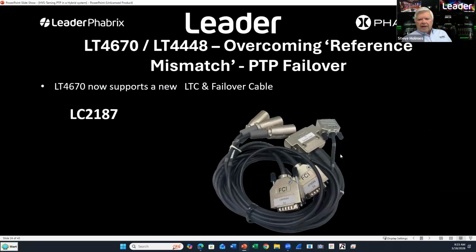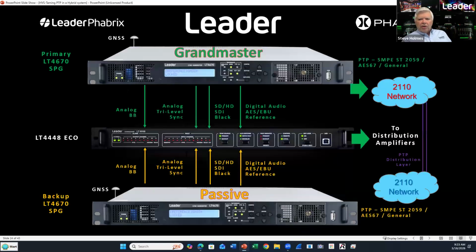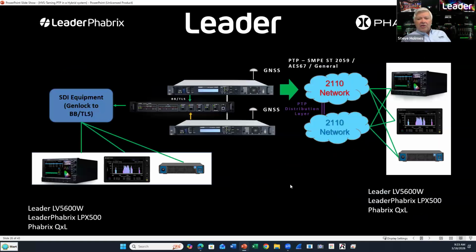We have a cable that links these two for the failover so that both systems feed the ECO, but also provide for something else. It has a link from the ECO back to the grandmaster and a link from the ECO back to the backup unit. The whole reason for that link is when things happen.